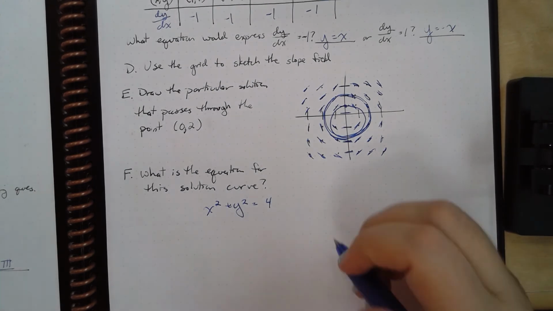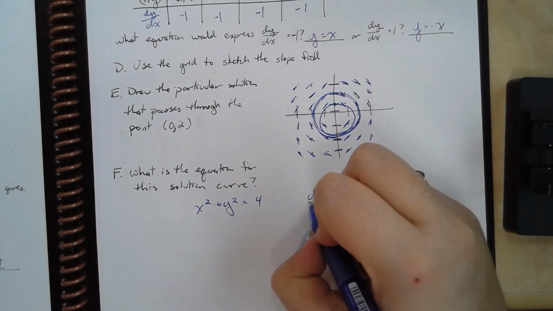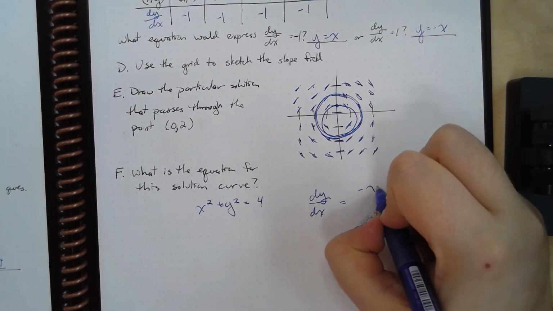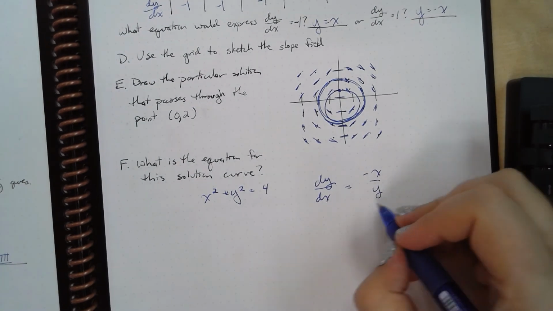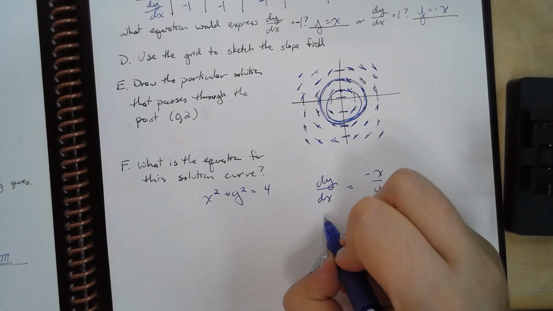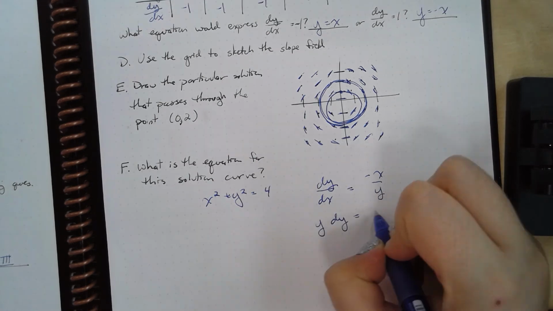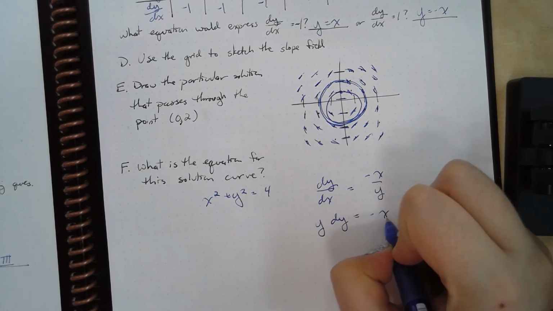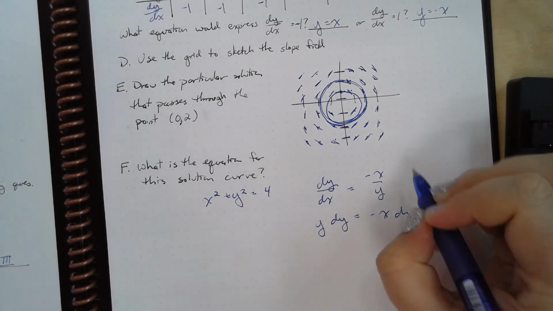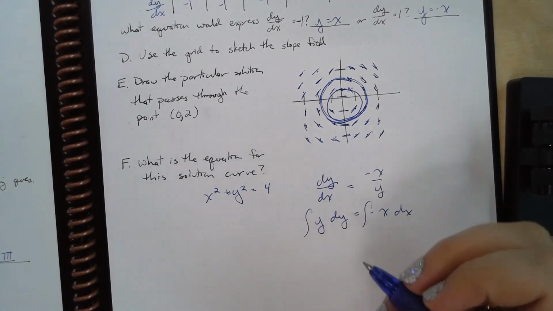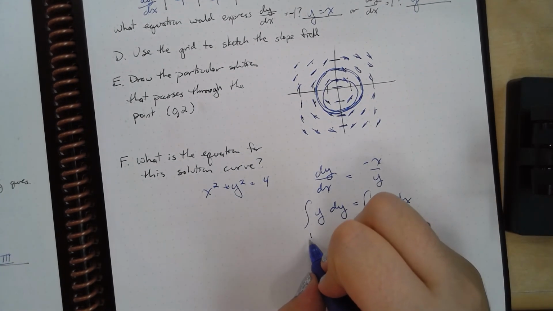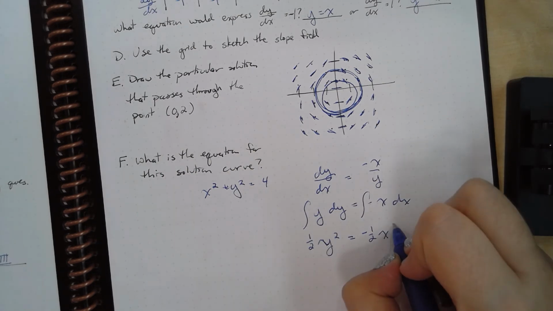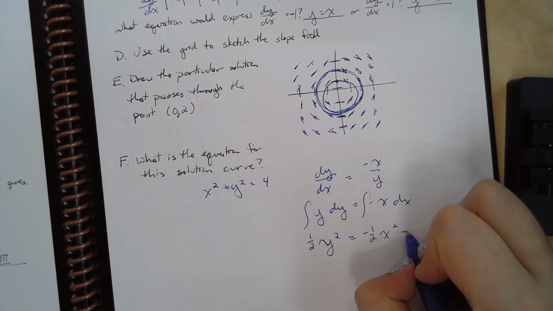But we can also solve this algebraically. So dy over dx is equal to negative x over y. I'm going to multiply here, so I'll have y dy equals negative x dx. Then I can integrate both sides. So I have 1/2 y squared equals negative 1/2 x squared, plus c.